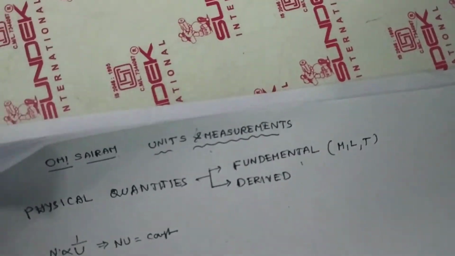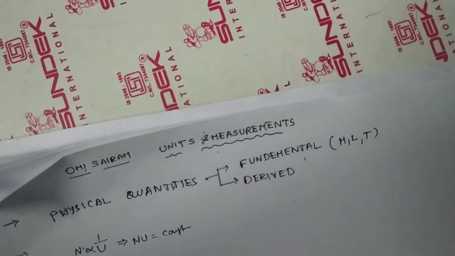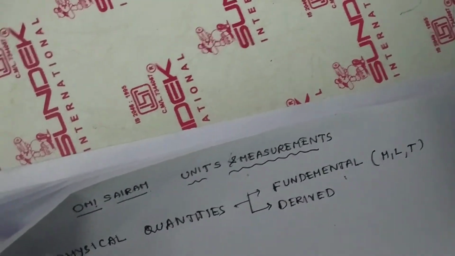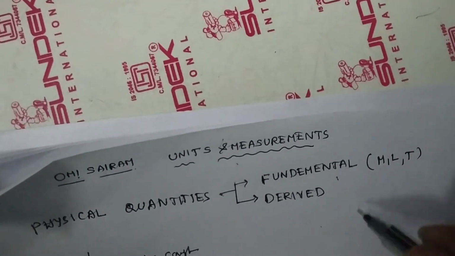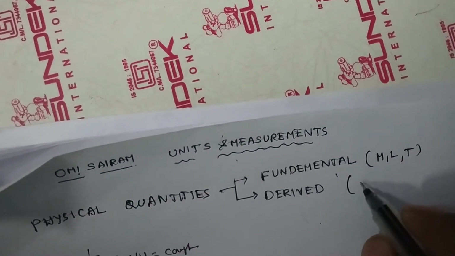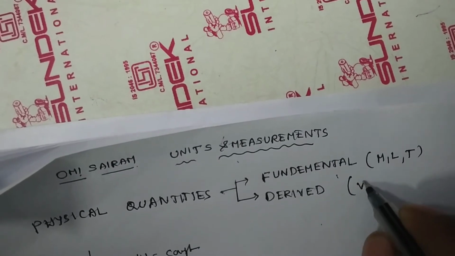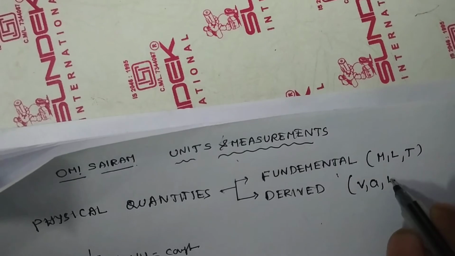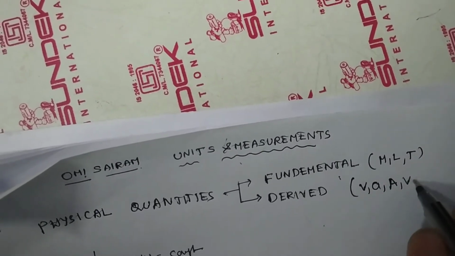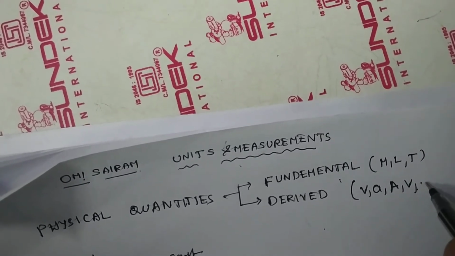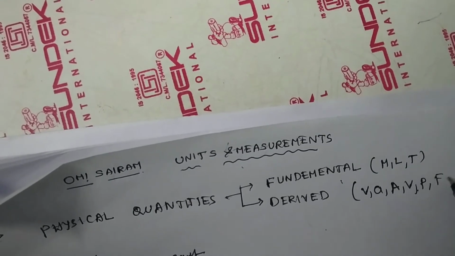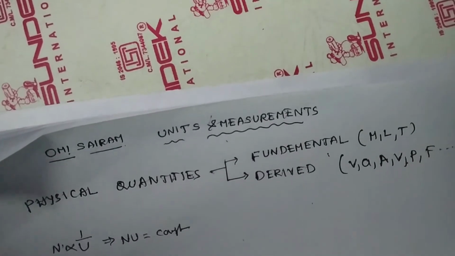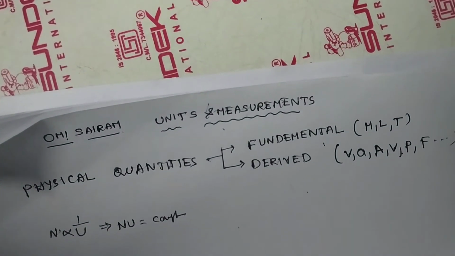Next, the derived physical quantities are represented like velocity, acceleration, area, volume, momentum, force, and so on. These are examples of fundamental and derived physical quantities.